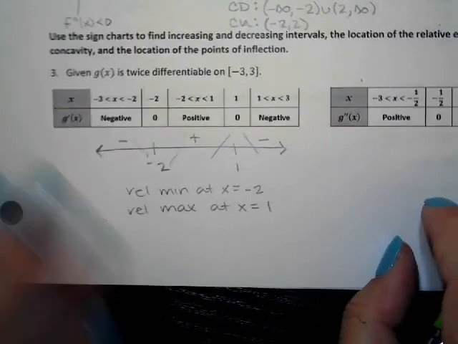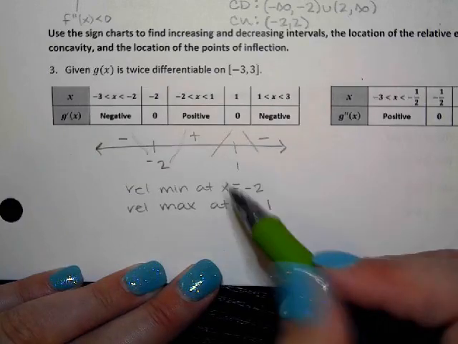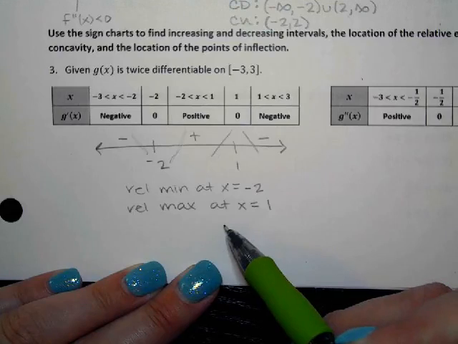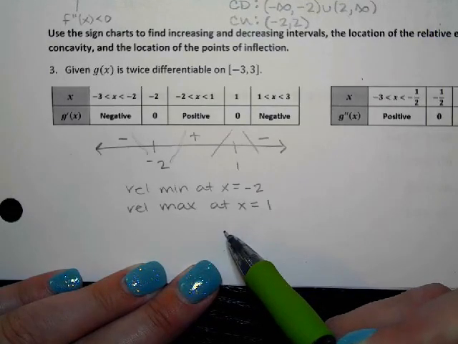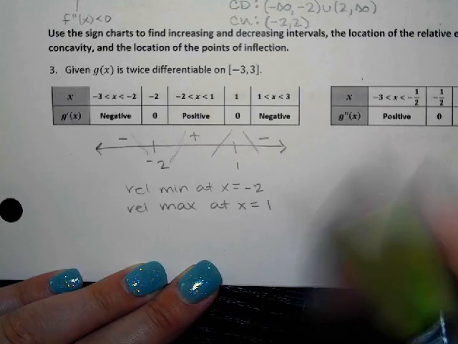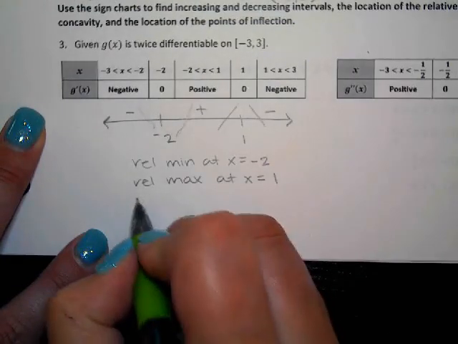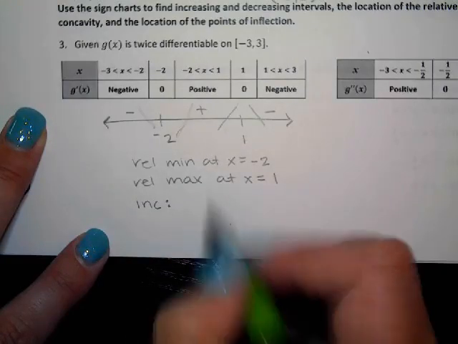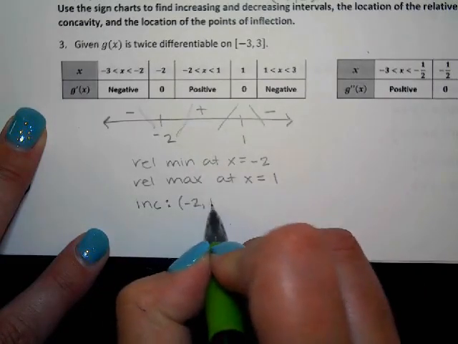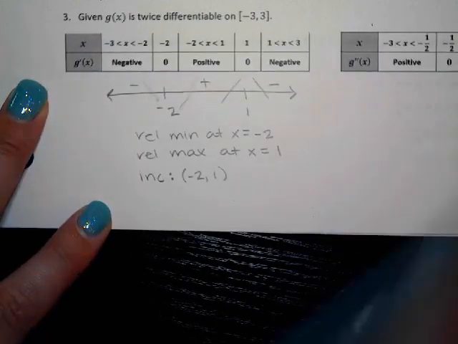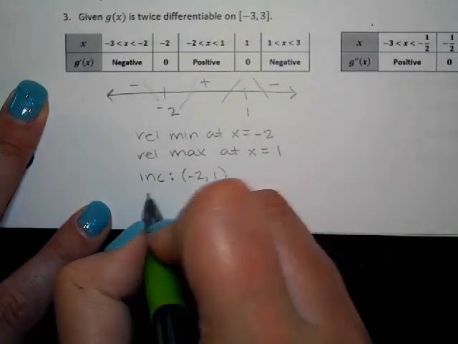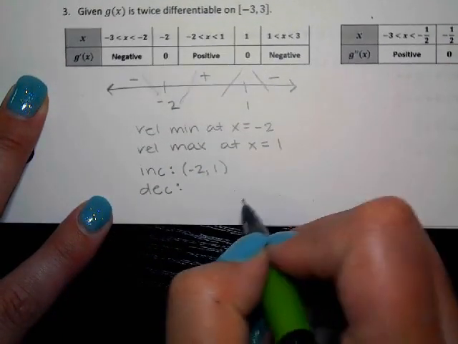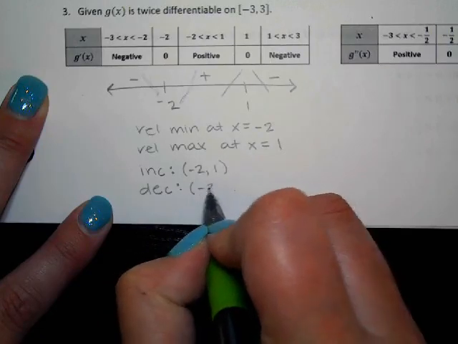So the work that we just did, the relative min and relative max, we were using the first derivative test to find this. Our increasing interval is what? -2 to 1, okay. Our decreasing interval is, and 1 to 3. Okay.